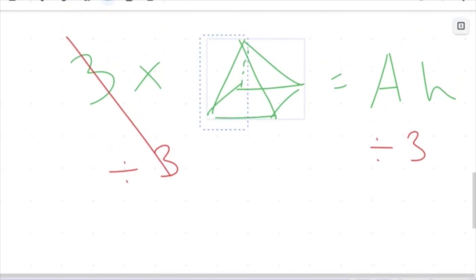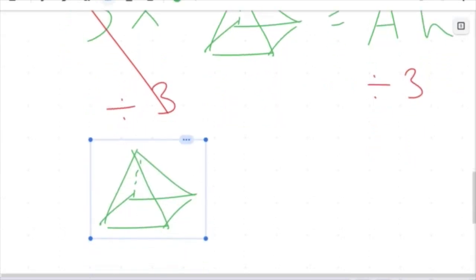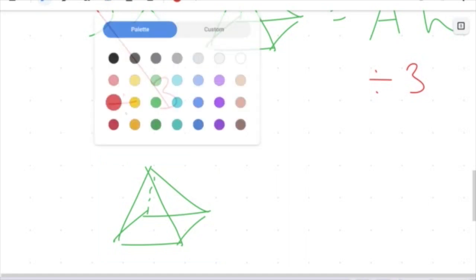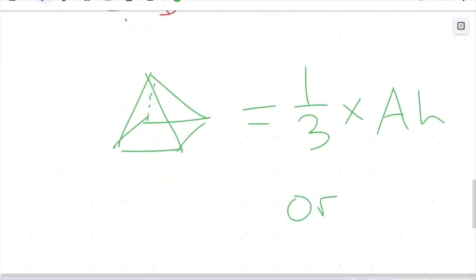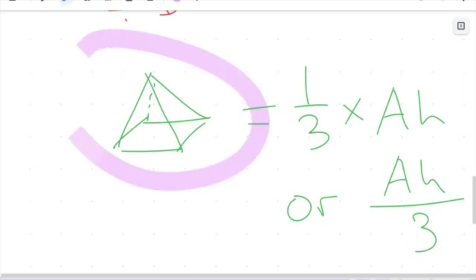So that means that one of these is going to be a third of my volume of a prism, or just the volume of my prism divided by 3. So this is the formula we have established for finding the volume of a pyramid here.